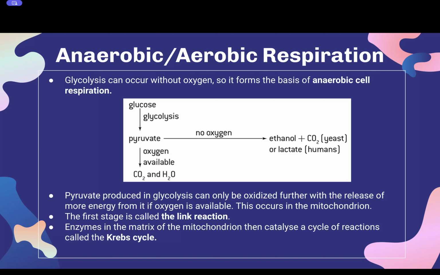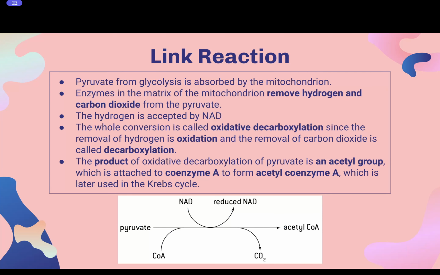The next step occurs in the mitochondria, or in the mitochondrion if you're talking about singular, which by the way makes no sense to me, but we will talk about that in my next break. The first stage is called the link reaction, and then the link reaction later results in the Krebs cycle. Link reaction.